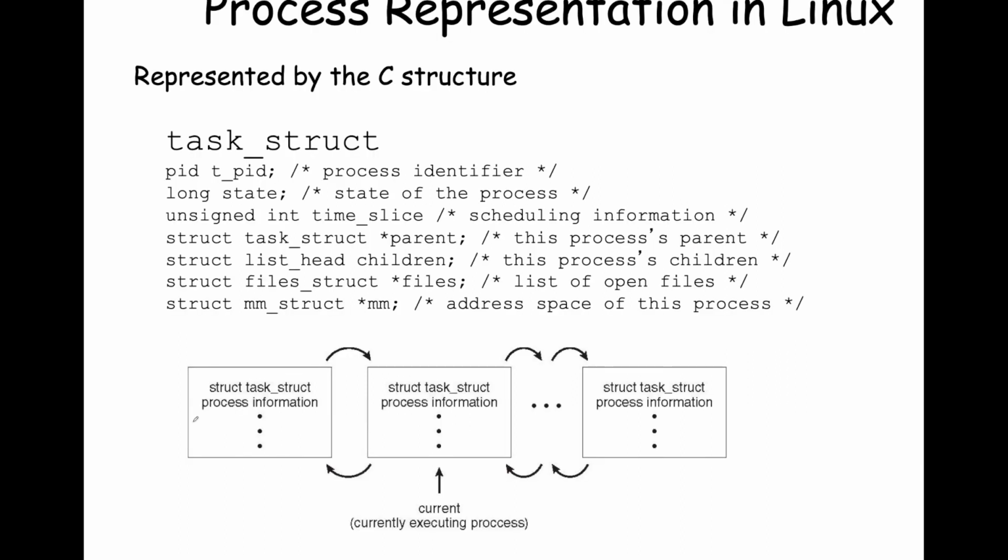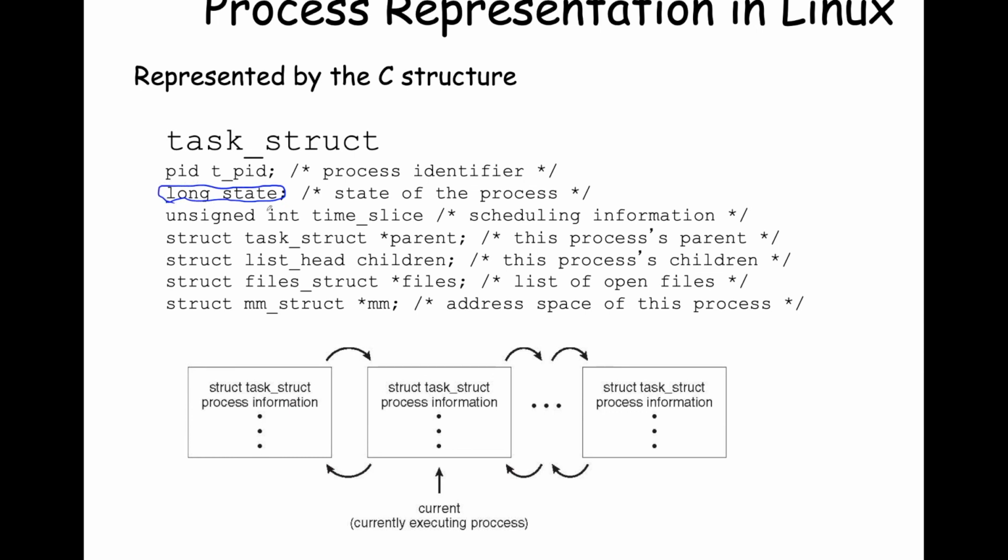So this is a PCB representation in Linux. It's called a task struct, and this is the so-called C struct or C structure. And some of the information, not all of it, but included, is the process identifier. The state of the process, we talked about ready, running, terminated, waiting, etc. Well, it's in this variable called state, and its type is a long.